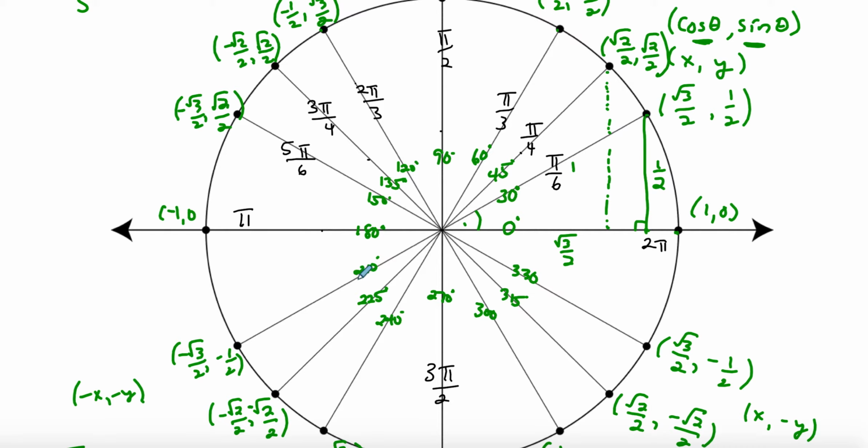So that would actually be 7 pi over 6. When we get to here, we imagine we're dividing up into 4s, into quarters. So 45, 90, 135, 180. This would be 5 pi over 4.